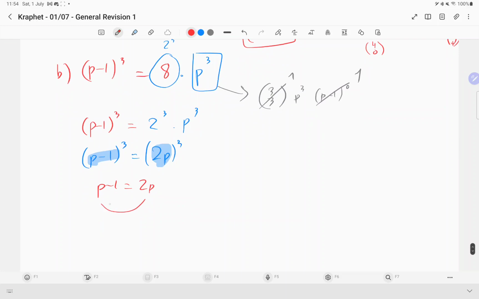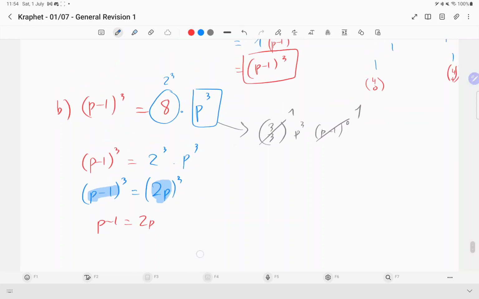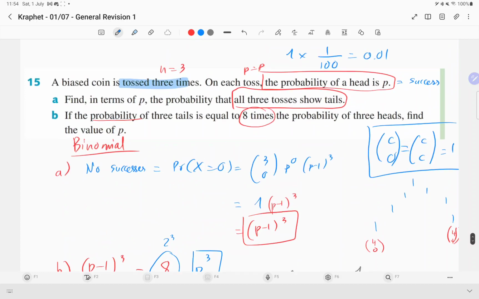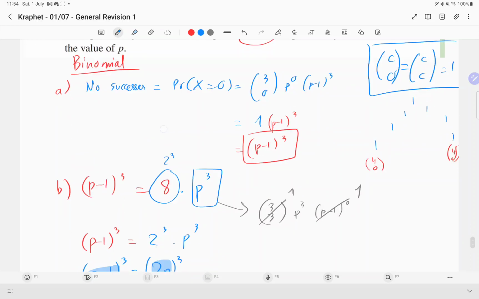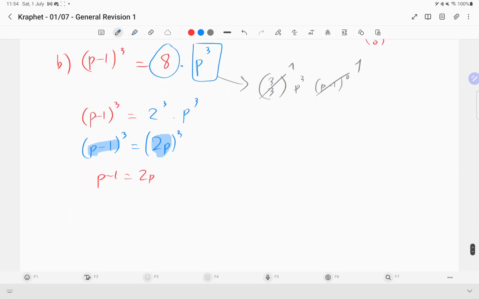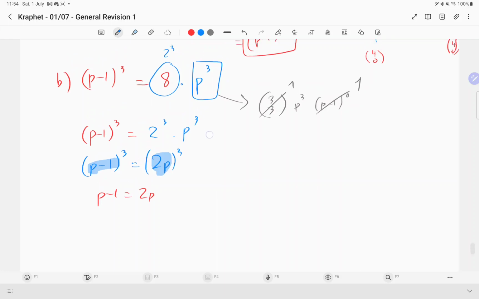Move the 2p over there, move the 1 over there. Hang on, the probability of 3 tails is equal to 8 times the probability of 3 heads. Oh, sorry, not p minus 1.